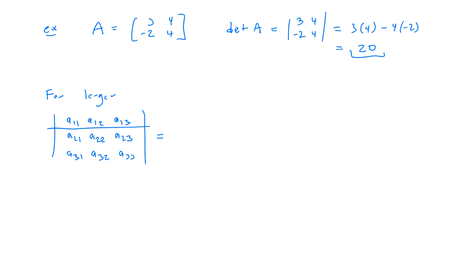What you do is read across the first row, take the number, and get rid of the row and the column that that number is in. I'm not going to draw it in because it'll make my matrix really messy. What's left is the 2 by 2 that you get.